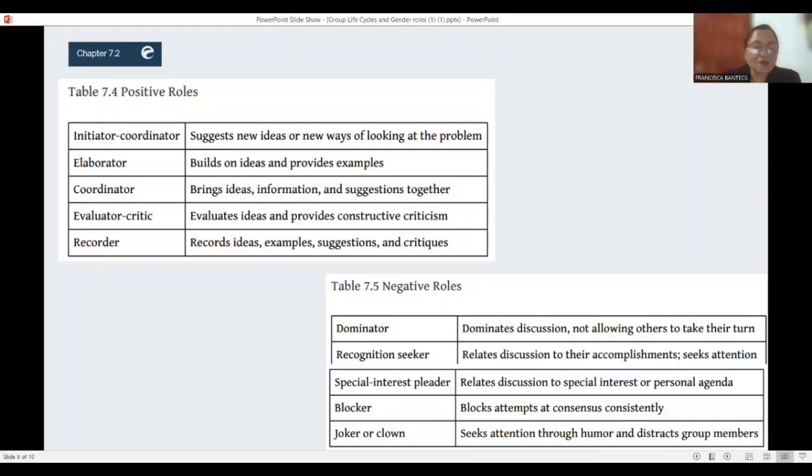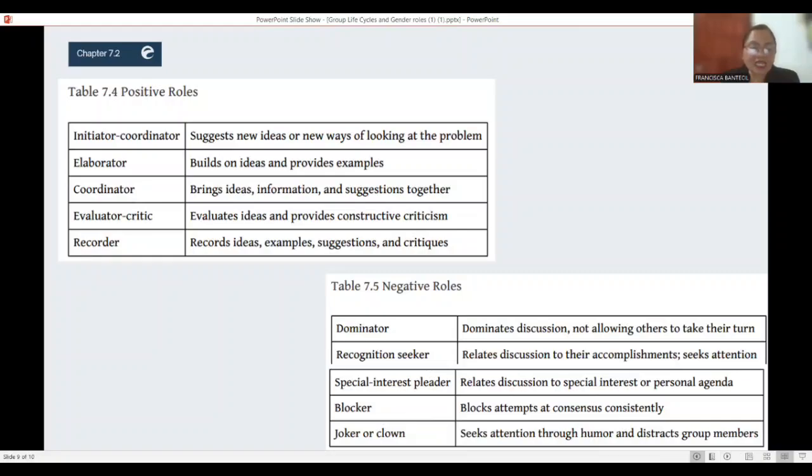Groups and their individual members come together and grow apart in predictable patterns. Group life cycle patterns refer to the process or stages of group development. And next, there are 5 stages in the group development process, which include forming, storming, norming, performing, and adjourning.